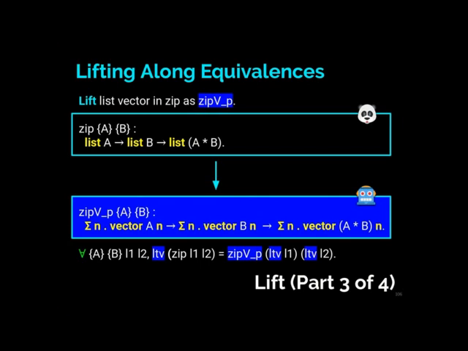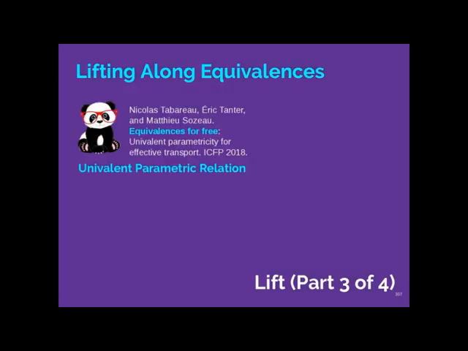Once you get to stating what it means for a theorem or proof to lift correctly, this is a little bit more difficult. We state this in terms of a relation from the equivalences for free work. And this relation essentially just says that lift is correct when the input and output of lift are equivalent up to transport along the equivalence that find ornament has discovered.